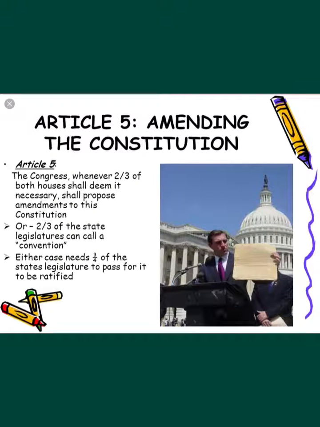Congress, whenever 2/3 of both houses shall deem it necessary, can propose an amendment, or 2/3 of the state legislatures can call a convention. But in either case, they need 3/4 of the state legislatures to pass it to become a part of the Constitution.